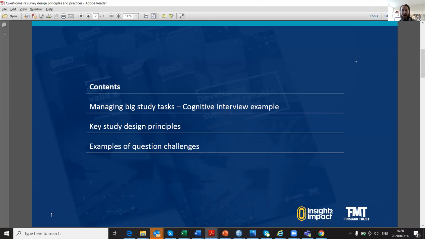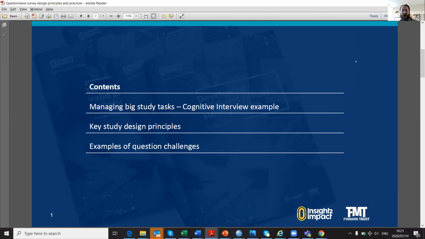There are a whole bunch of tasks that need to be done. What is shown is that just looking at one part of the process, really getting the questionnaire wording right, is a big process in itself, and can almost be seen as a mini project that needs to be given appropriate consideration and emphasis to really get a lot out of it.